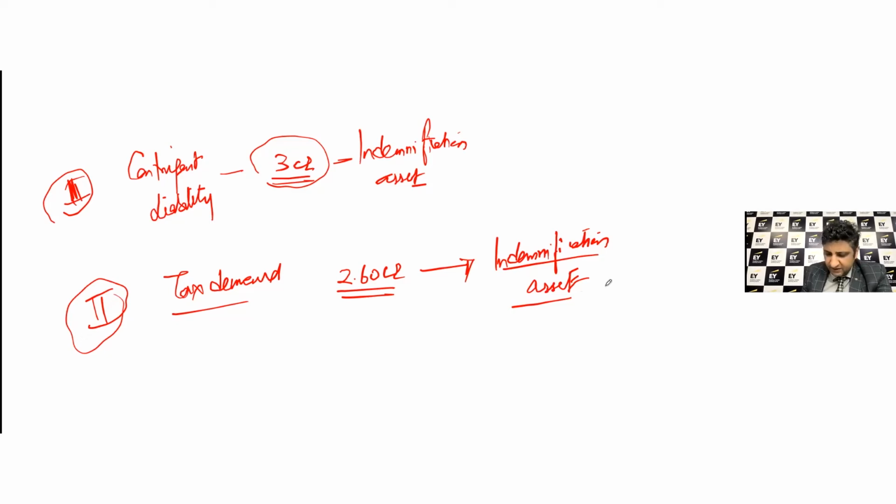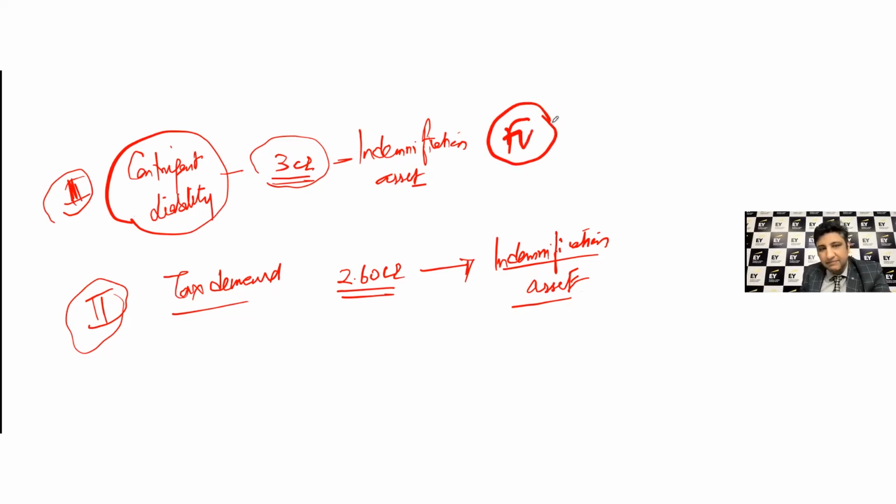So the difference between the two sides is, one is for the contingent liabilities, you look at the fair value to the extent of recoverability, you also determine and measure the indemnification asset, right? So the 3 crore comes into the picture. But as far as the uncertain tax positions are concerned, you look at the amount which is expected to be paid or something which is payable, and you bring it into the conversation here.